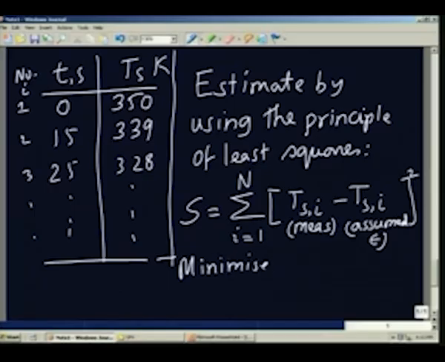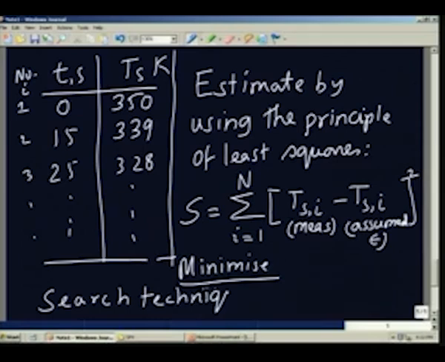What is done in practice is to use some kind of a search technique, because the solution is not straightforward, it is nonlinear. So, we can use a search technique like the one we discussed earlier when we were talking about fitting data with nonlinear curves. What does this search technique do?